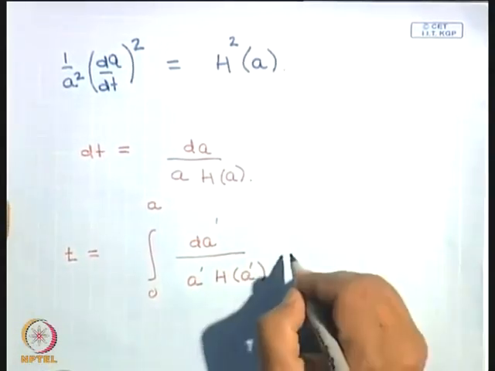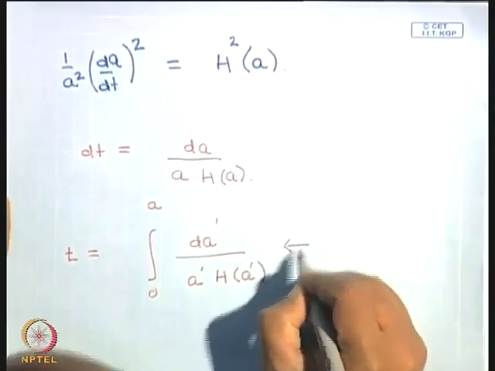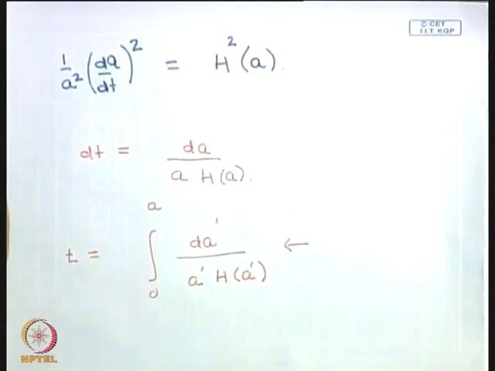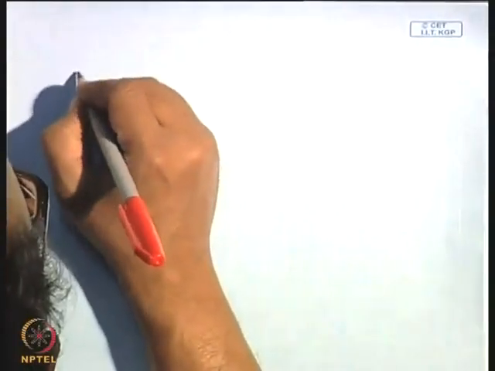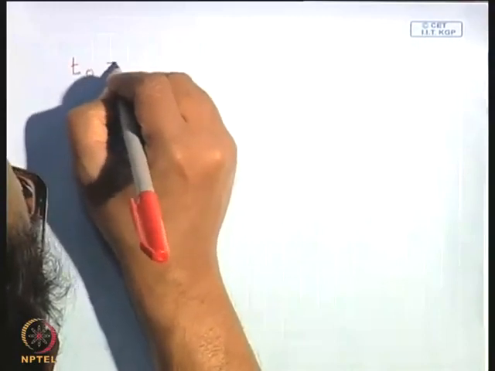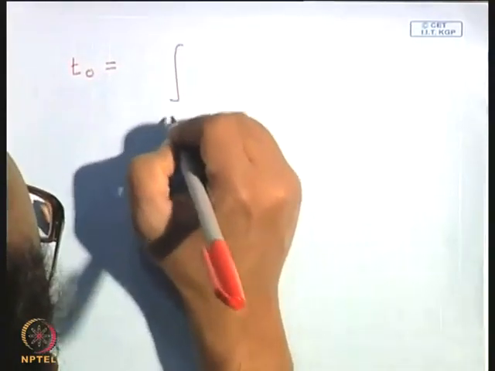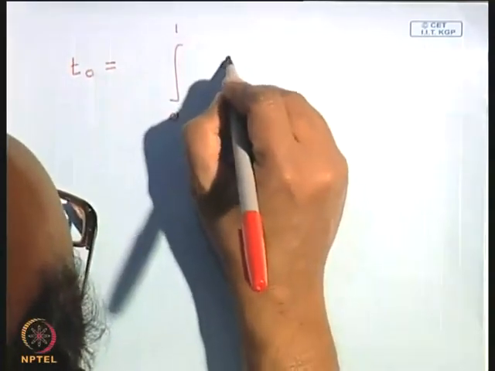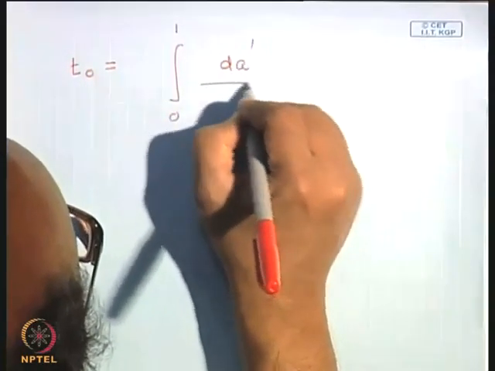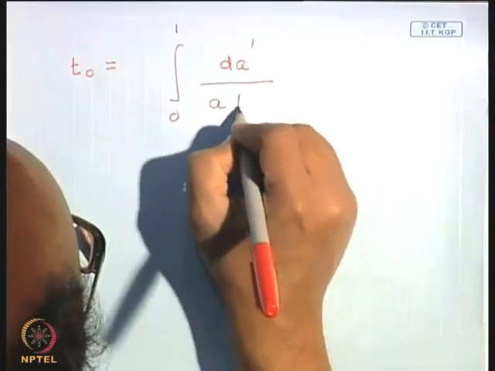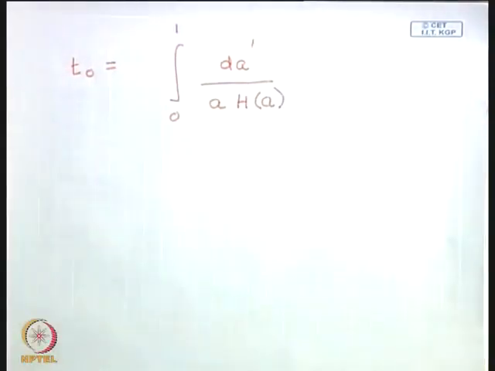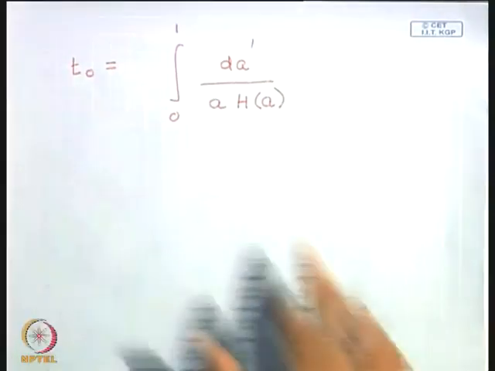Okay. This equation also gives you the age of the universe for any value of the scale factor, and the present age of the universe can be determined from this equation. t naught is equal to the integral from 0 to 1, since the present value of the scale factor is 1, so this can also be used to calculate the present age of the universe.